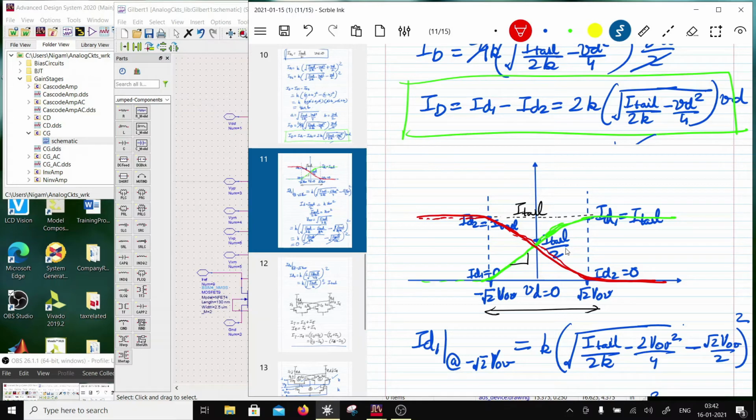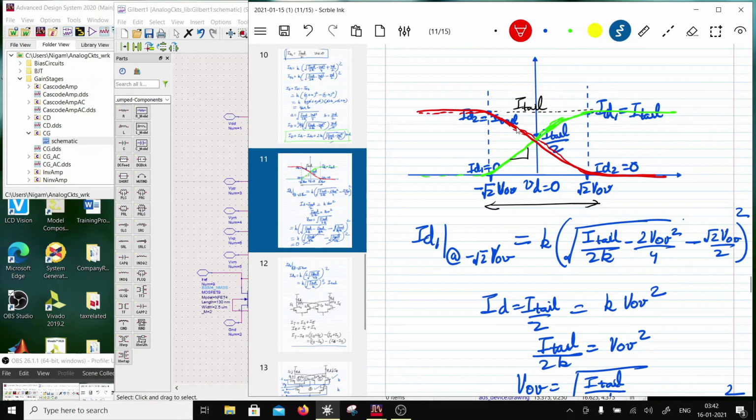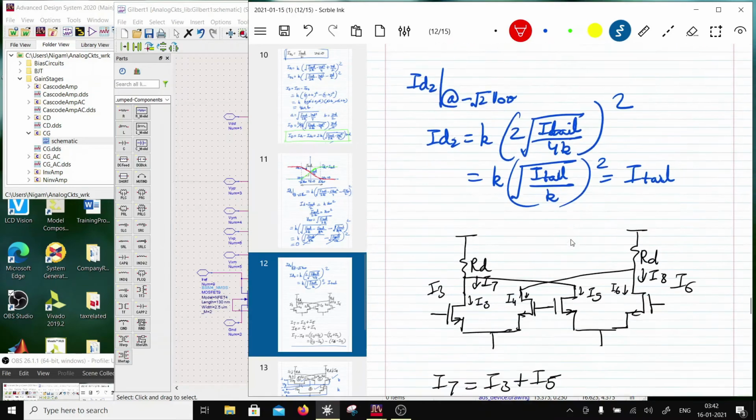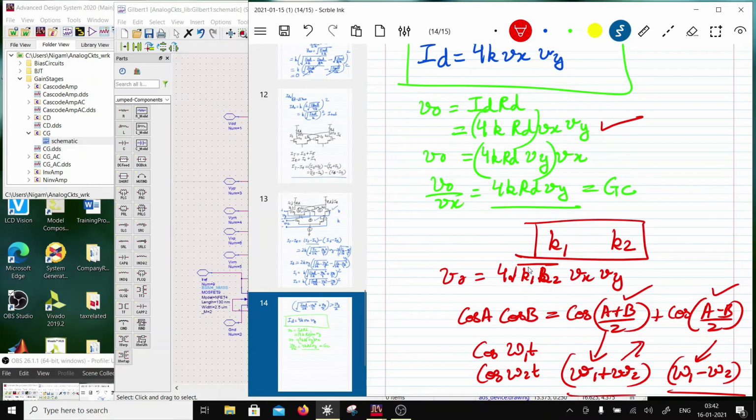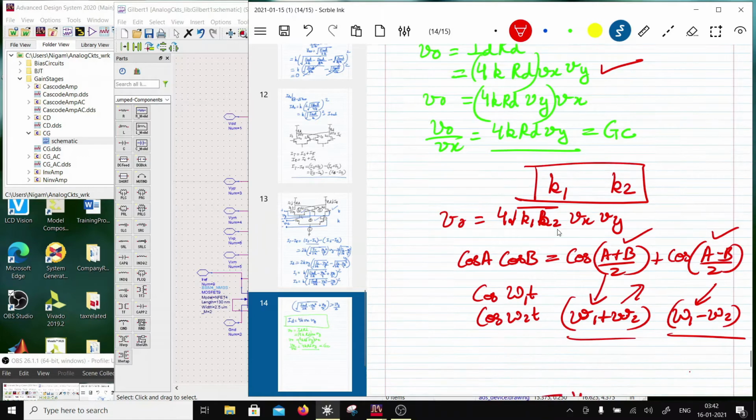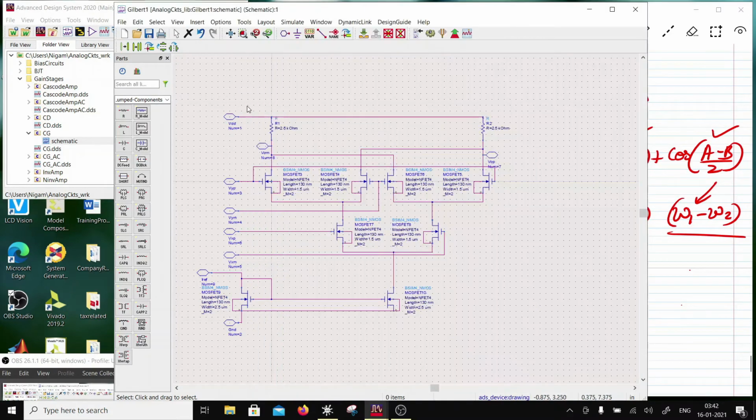So if you want your mixer to have very good harmonic response, the distortion should be low, then you are supposed to use very small devices. Okay, so that's the idea. If you want to make a multiplier, the devices are small. If you want to make a mixer with high conversion gain, the devices are going to be large. Okay, and then there is a limit on RD because of that VDD, because it is going to drop certain current here.